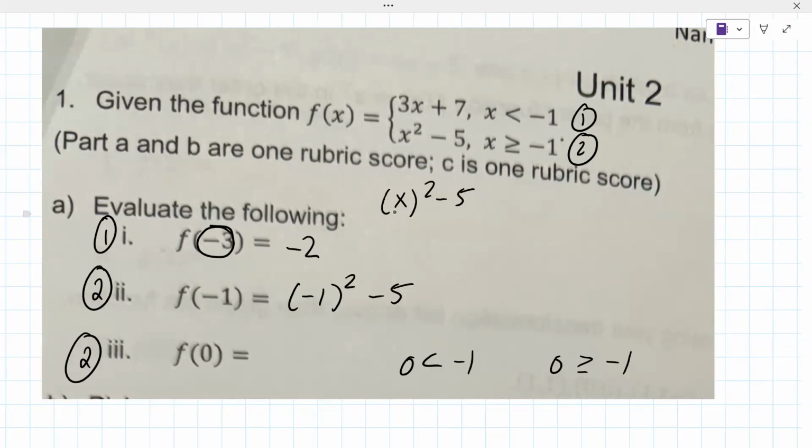That's true, but that's not what we're doing. We're doing -1 squared. Okay, -1 times -1 is 1, and then 1 minus 5 is going to be -4. All right, now do f of 0, please.